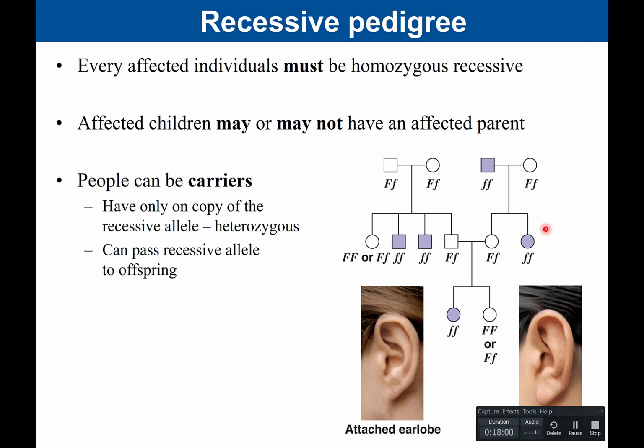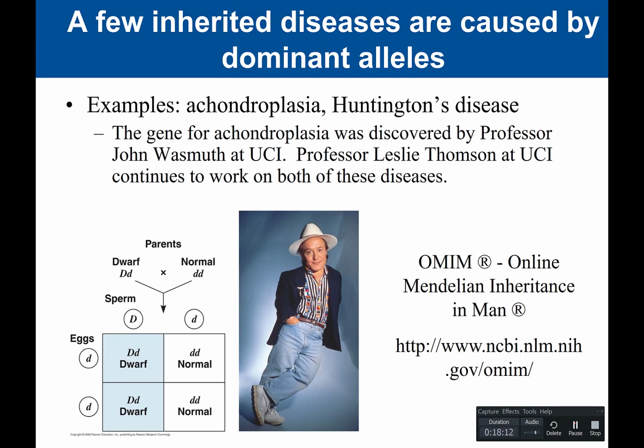And so there are certain things that you can look for that help you when determining whether a pedigree is going to be a dominant trait or a recessive trait. So let's look at some examples of traits in humans. There are a few inherited diseases that are caused by dominant alleles.